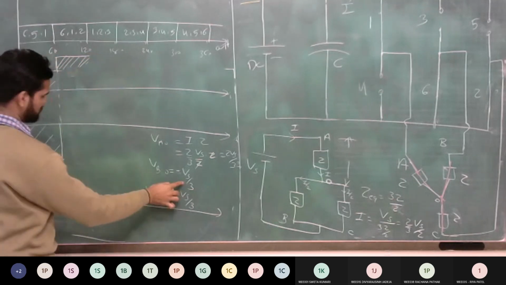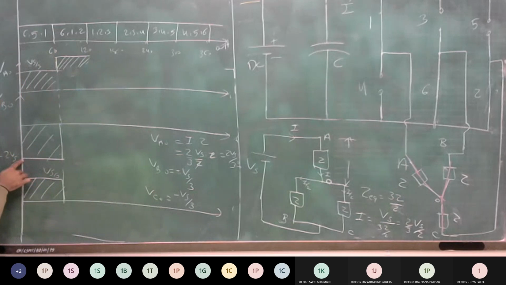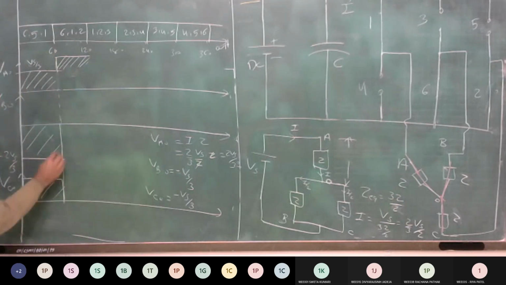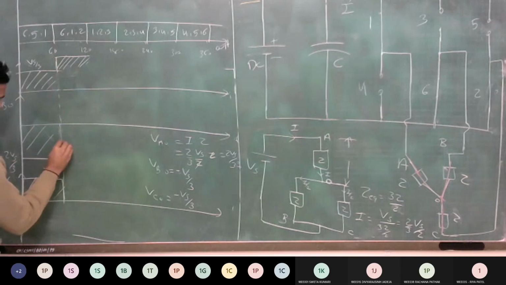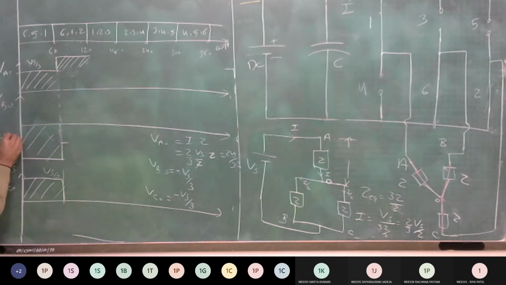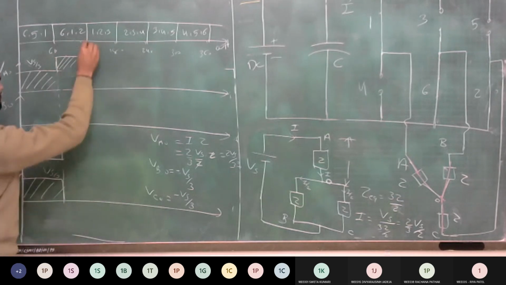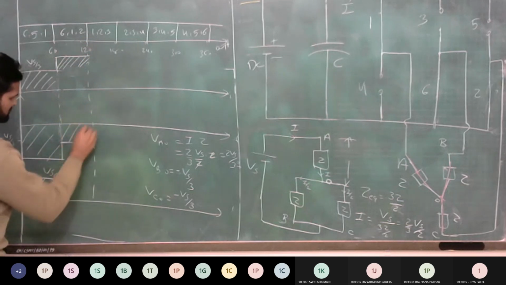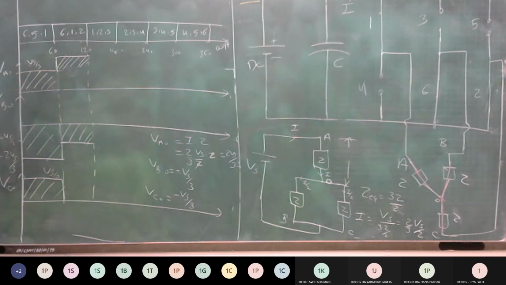Same way VBO. In the first interval it is minus 2 Vs by 3. Now it is shifted to minus Vs by 3. Clear? So suppose this is minus Vs by 3. In the first interval, it is shifted to minus Vs by 3. Same way VCO. First interval is plus Vs by 3.